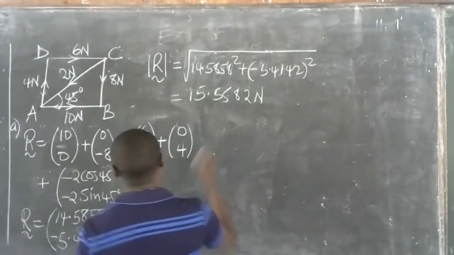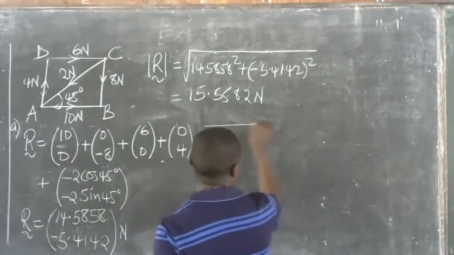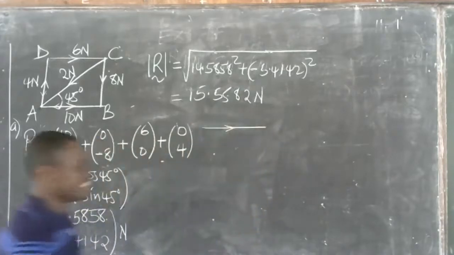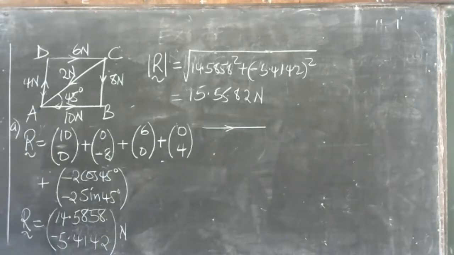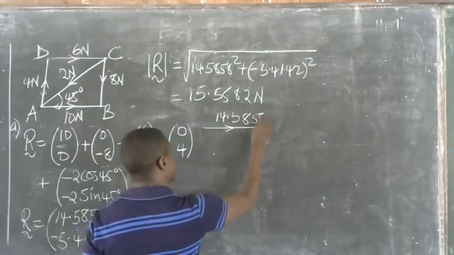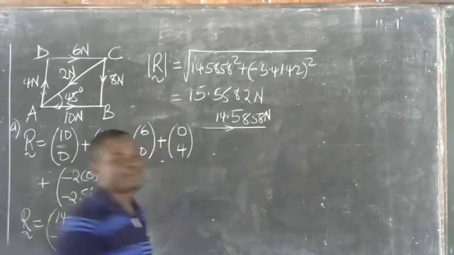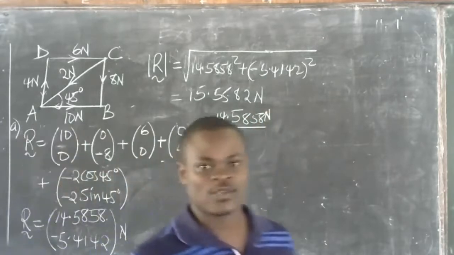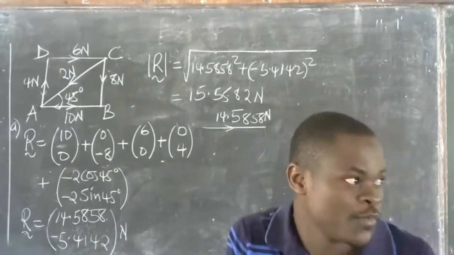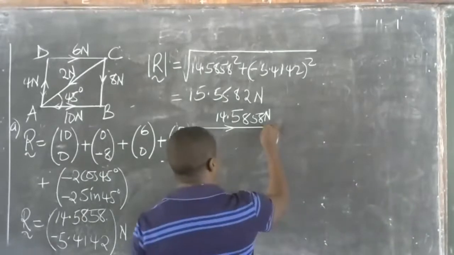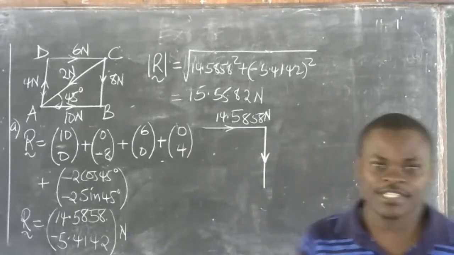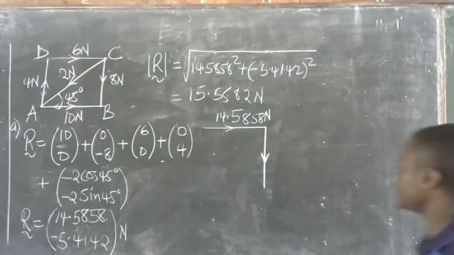So the horizontal component, we draw the straight line representing the horizontal component to the positive, and that would be 14.5858 newtons. That is the size of the line, and then we connect a vertical component which is to the negative. So y is negative. So you see my component is acting downwards.